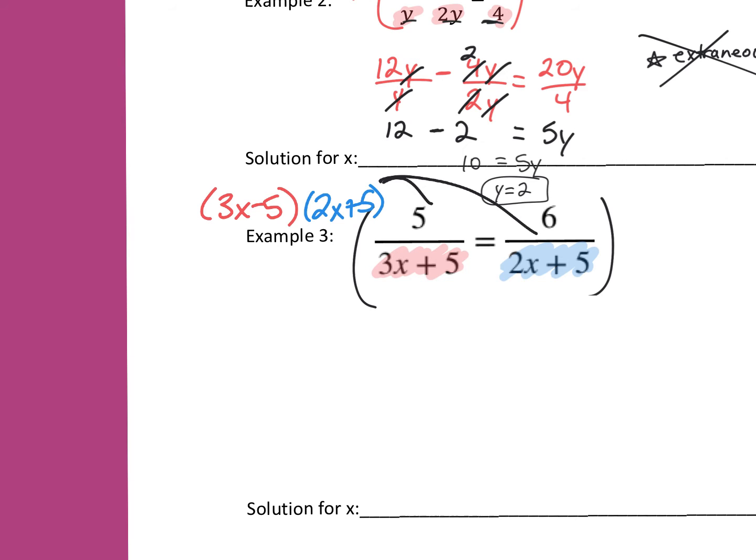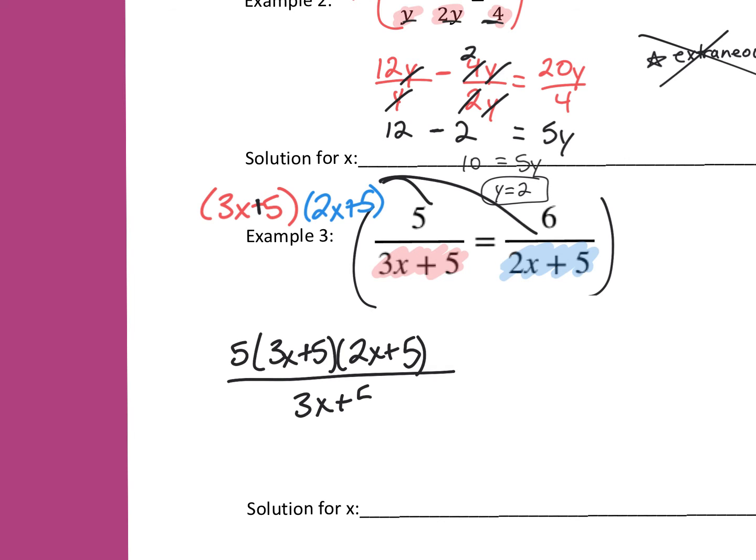So I multiply by the top, just like before, and I leave the denominator alone. So on top, I have 5 times 3x plus 5 times 2x plus 5. Or sorry, that's supposed to be a plus. Whoops. Over 3x plus 5.